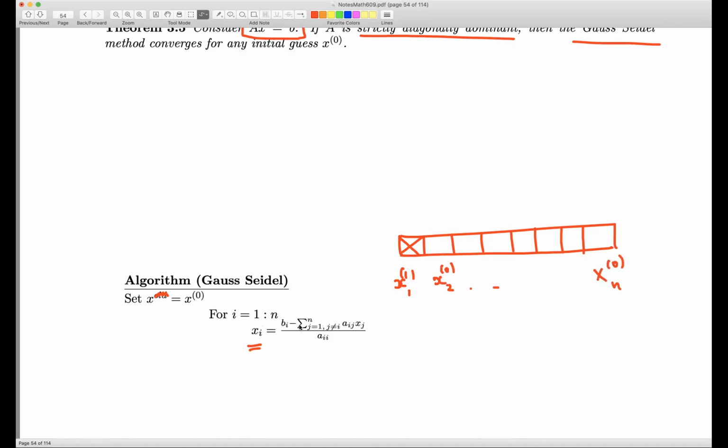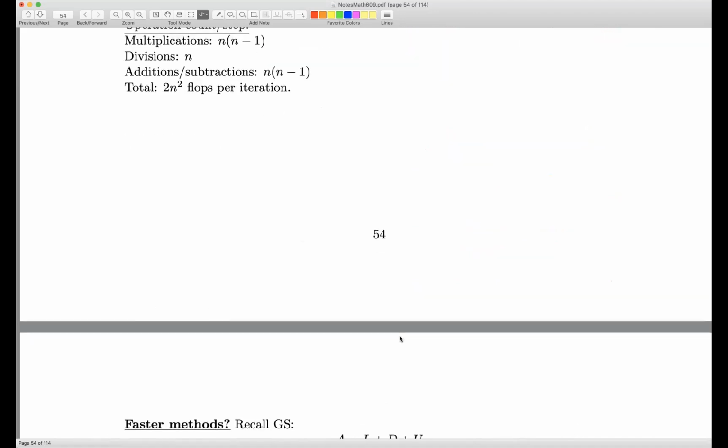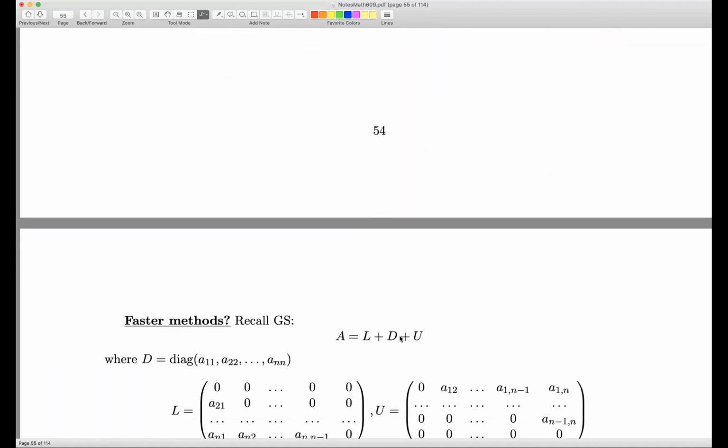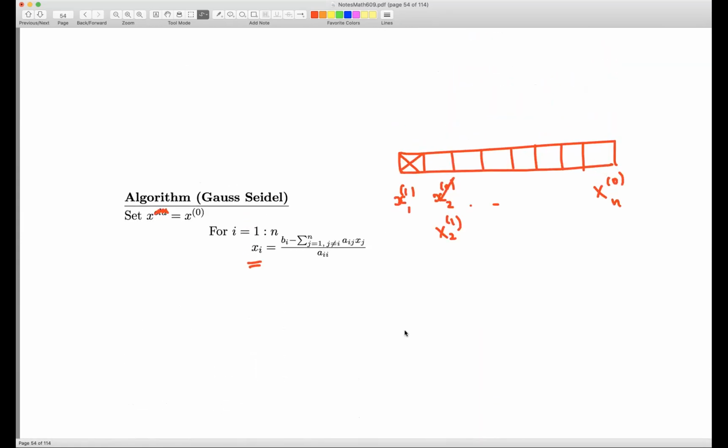Then when i is equal to 2, we overwrite in this cell: instead of having x2,0, we will have x2,1, and the rest will be components of the zeroth vector.